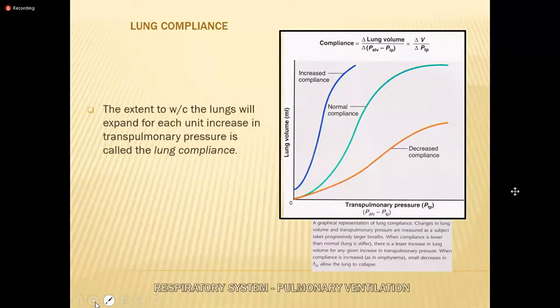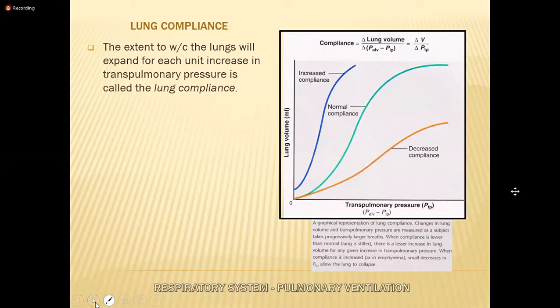Lung compliance. Compliance: the extent to which the lungs will expand for each unit increase in transpulmonary pressure. That is your lung compliance. You have also compliance in your vascular system. Remember, when you took up your cardiovascular system, there was also compliance of your blood vessels.